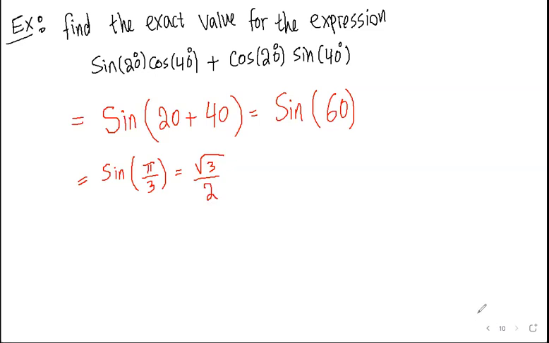Okay. Now the last example in this section is proving. So now, example, prove.